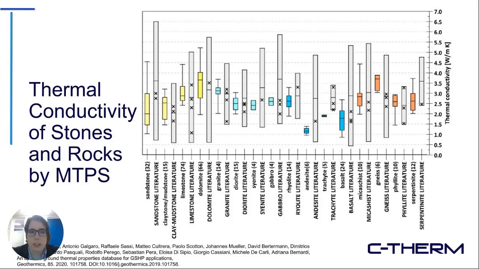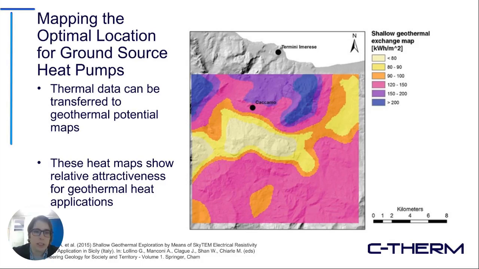On this slide, you can see thermal conductivities of various types of stone and rock materials, and the ones with the colored bars are ones where the thermal conductivity was experimentally measured in this work. You can then take this kind of data and use it to build this kind of a shallow geothermal exchange map that I've been talking about previously.